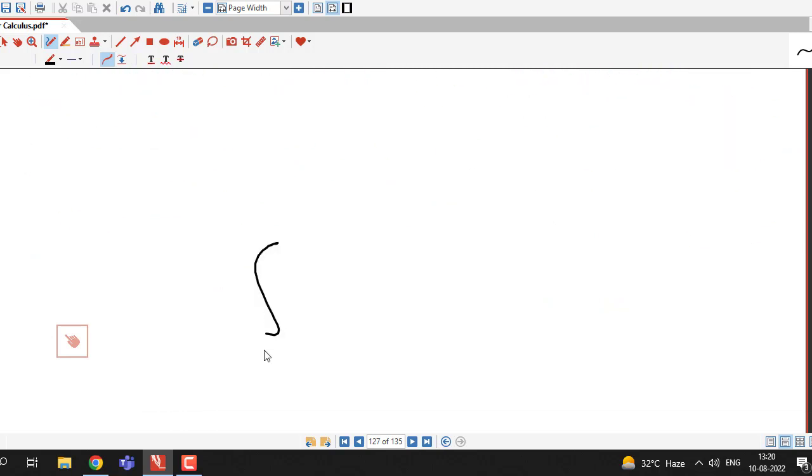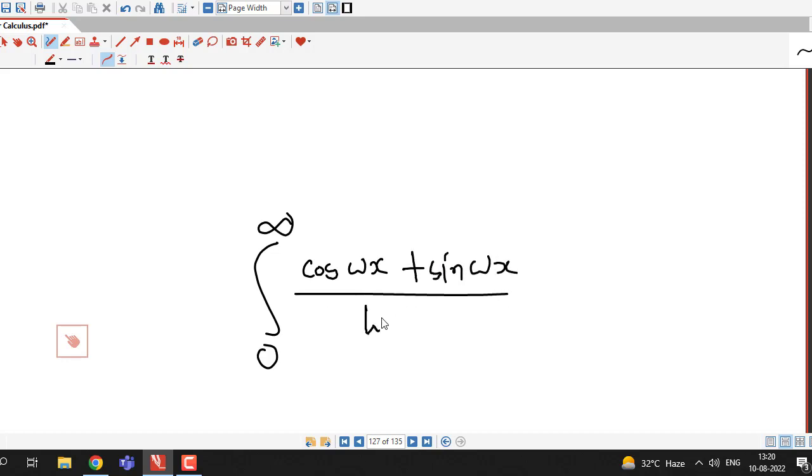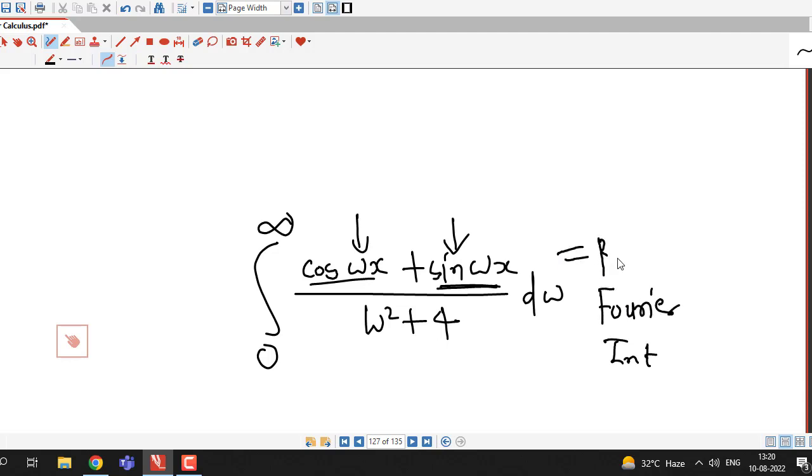Suppose we have this type of integral, just for the sake of understanding, cos omega x plus sine omega x divided by omega square plus 4 something. Then here this integral contains cosine omega x as well as sine omega x. Therefore we have to decide Fourier integral of right hand side function, whatever right hand side is given.